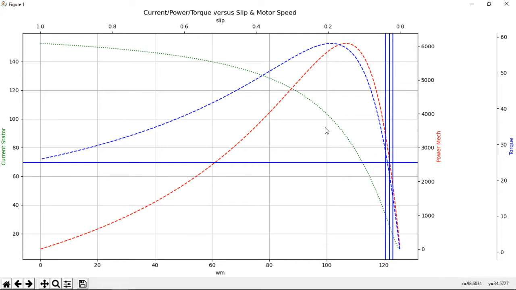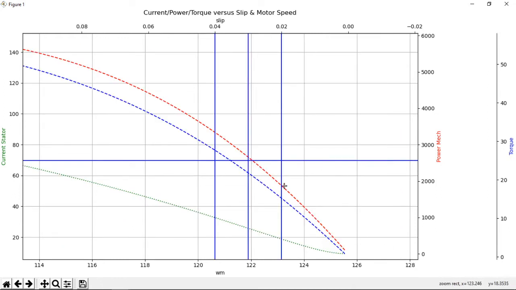All right. And then we went in and expanded and looked at here. Let me just do this one more time. As we can see, as the slip increases from 0.02 to 0.03 to 0.04, obviously more current is drawn, and obviously the torque increases, and obviously the power increases.